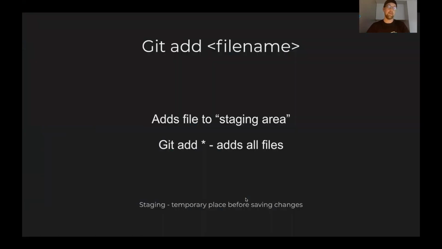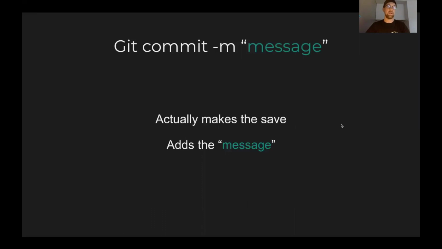Okay, so we have made changes to our file and added the file to the staging area, and now we want to save the file. We do that with another git command, called git commit. Some of these git commands take parameters, which are indicated by a dash and a letter. This command takes a parameter of message.